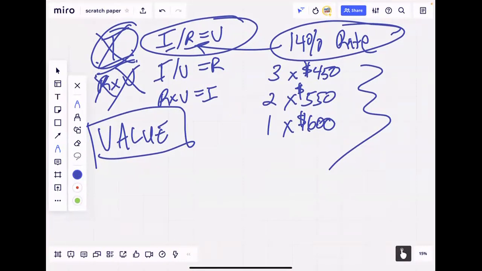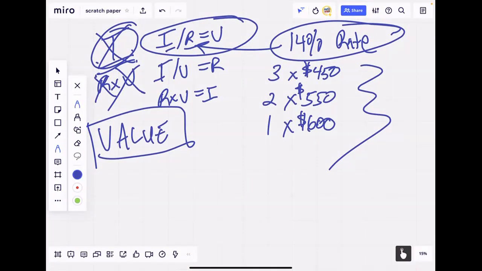I think the wording could be a little better in that problem. But okay, so 3 times that, then 2 times 550, and that's easy. Now I just have to add 1350 plus 1100 plus 600. So now I've got for income 3,050.